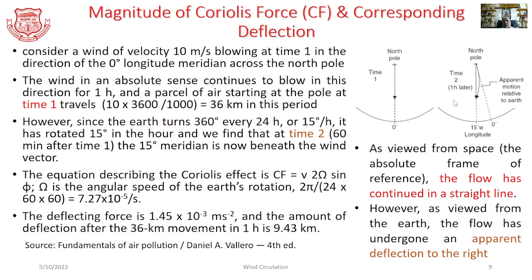However, as we consider the rotation of the earth, we know that it rotates 360 degrees every 24 hours, that is 15 degrees per hour from west to east. Hence, in this specified duration of an hour, it has rotated 15 degrees.